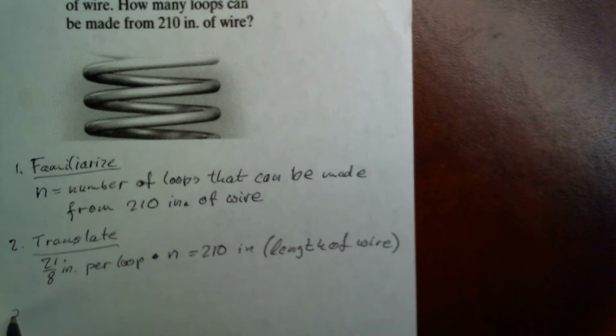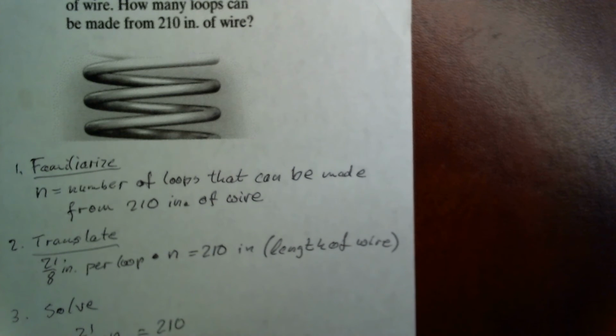Okay, number 3 would be the actual calculation, or the solution rather, to this problem. So we solve that. In other words, that looks like 21 eighths times n equals 210. Now we divide both sides of the equation by 21 eighths.